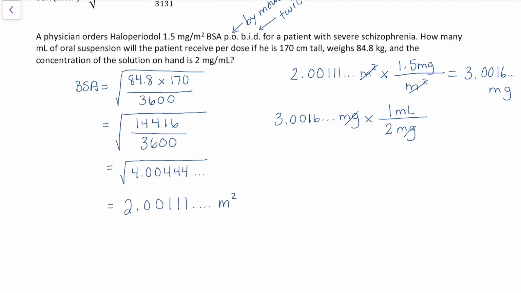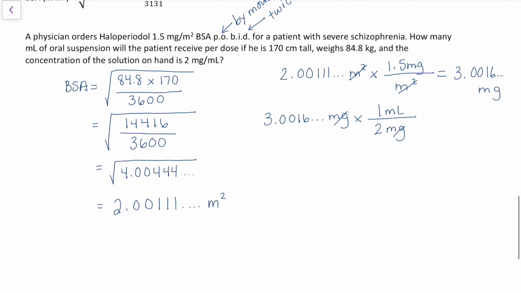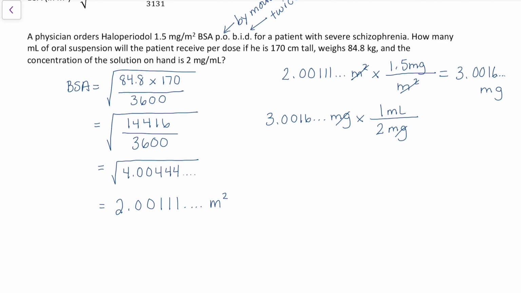If you don't remember how to do these conversions, you have to go back to our conversion video. That shows me that I need to divide by 2 in order to figure out the milliliters, which logically makes sense. If they need just over 3 milligrams and it's 2 milligrams each milliliter, then I need to divide by 2.